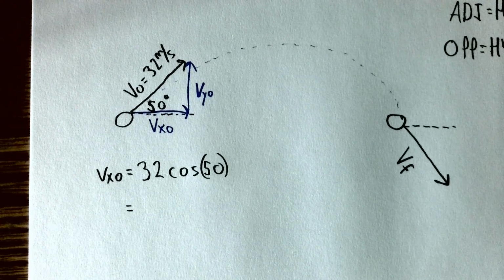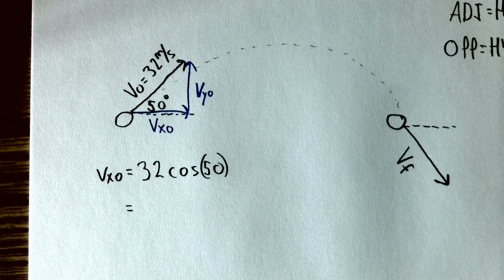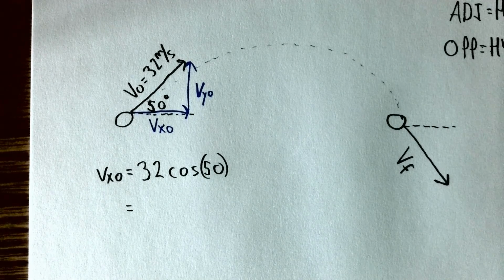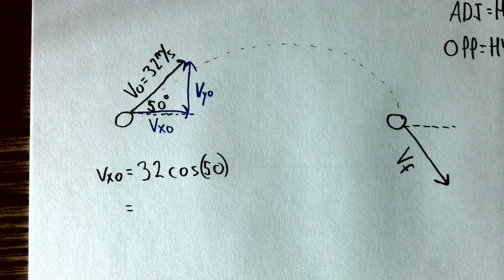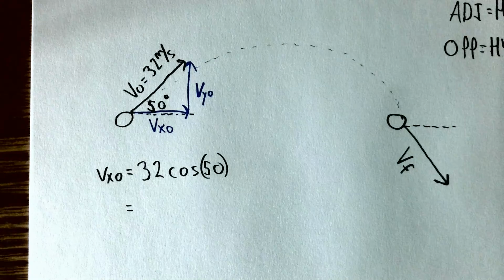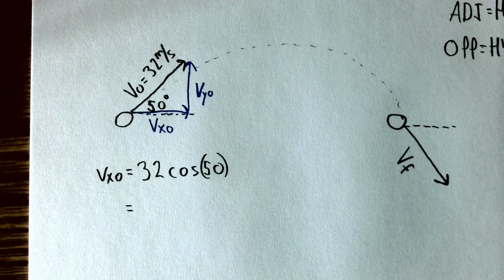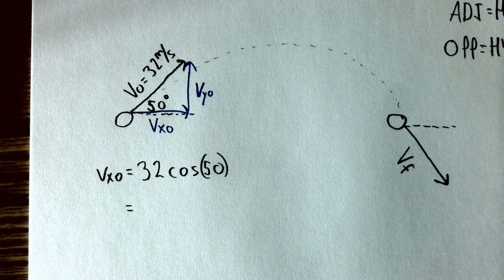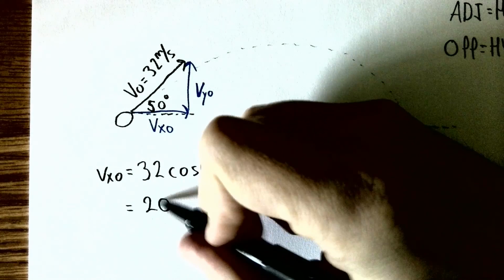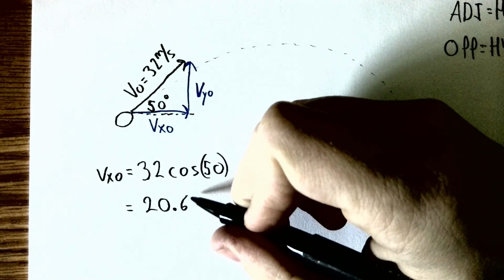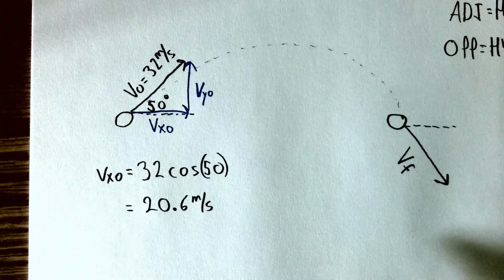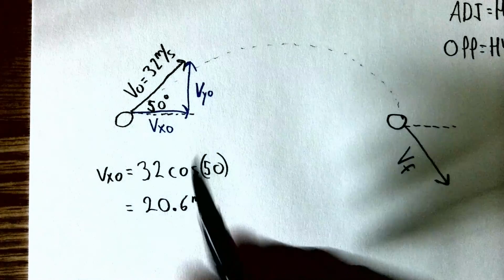So we can type that, plug it in the calculator. So 32 cosine 50. I'm getting 20.6. Cool, thank you. Meters per second. And that is positive because it's moving right.